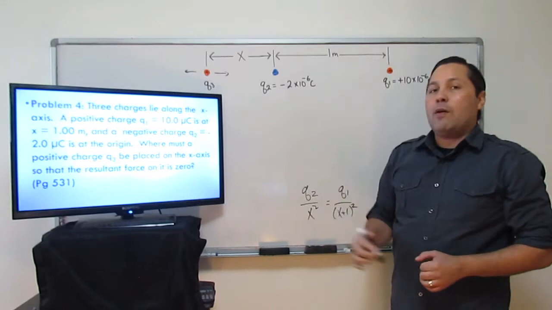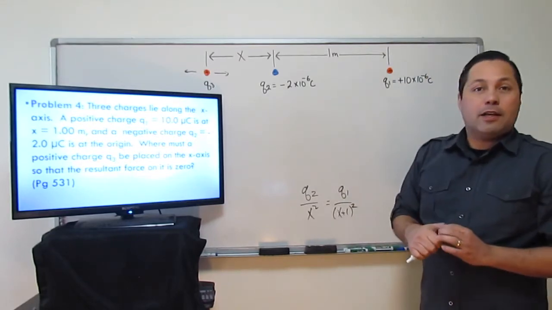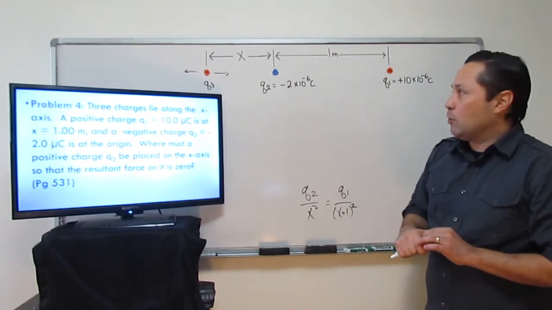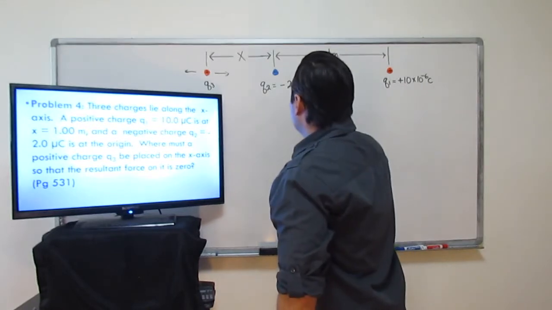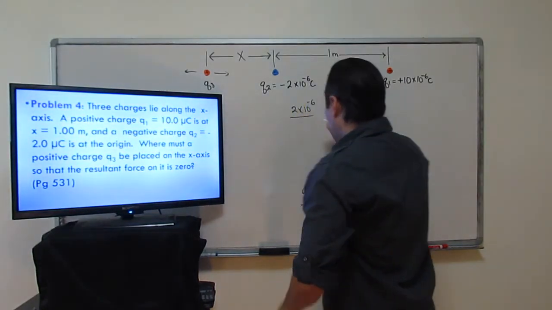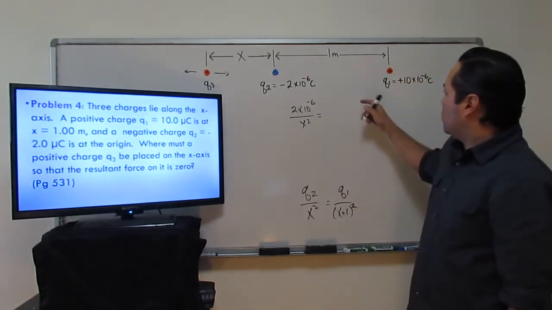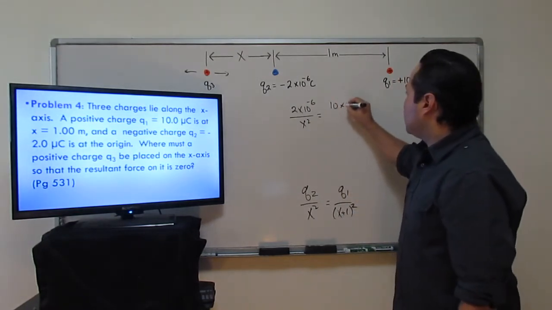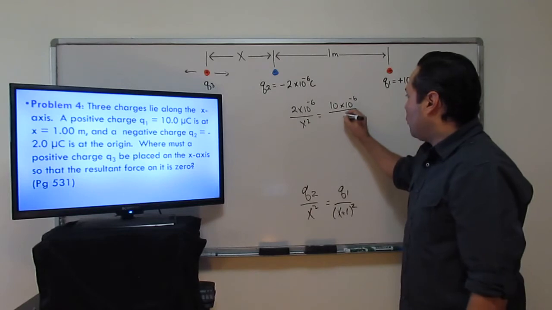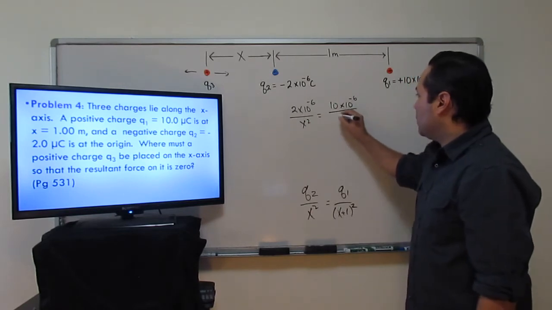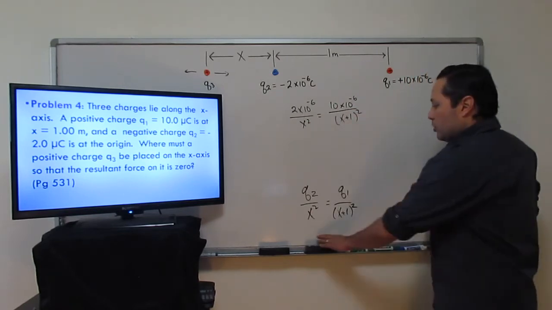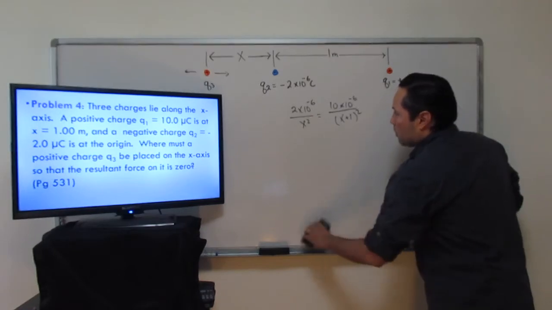So that negative, I'm going to drop it. So it's going to be 2 times 10 to the negative 6 over x squared is equal to q1, which is 10 times 10 to the negative 6 over (x plus 1) squared. That's our setup for this problem.